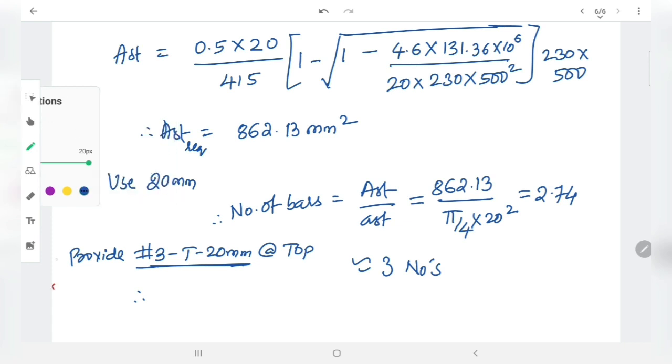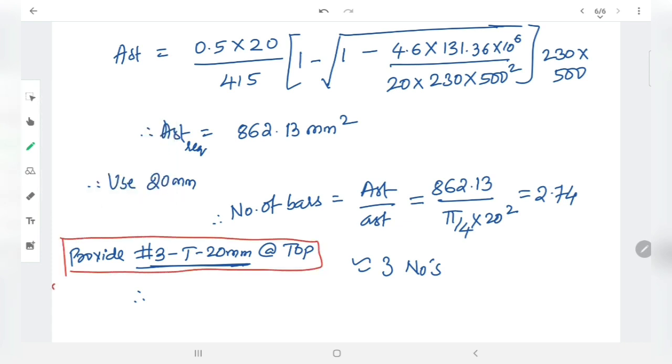Now I will make it a box so that it will be used while doing detailing. AST provided is equal to 3 into pi by 4 into 20 square. When you calculate this, you will get the area of reinforcement provided equal to 942.47 mm square.